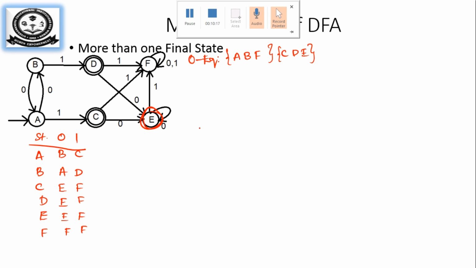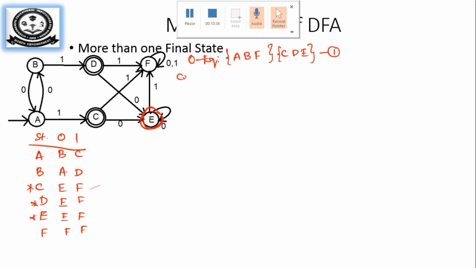So here in this transition table you can see D, E, and C are final states. So now this is 0 equivalence, so it's your first set.